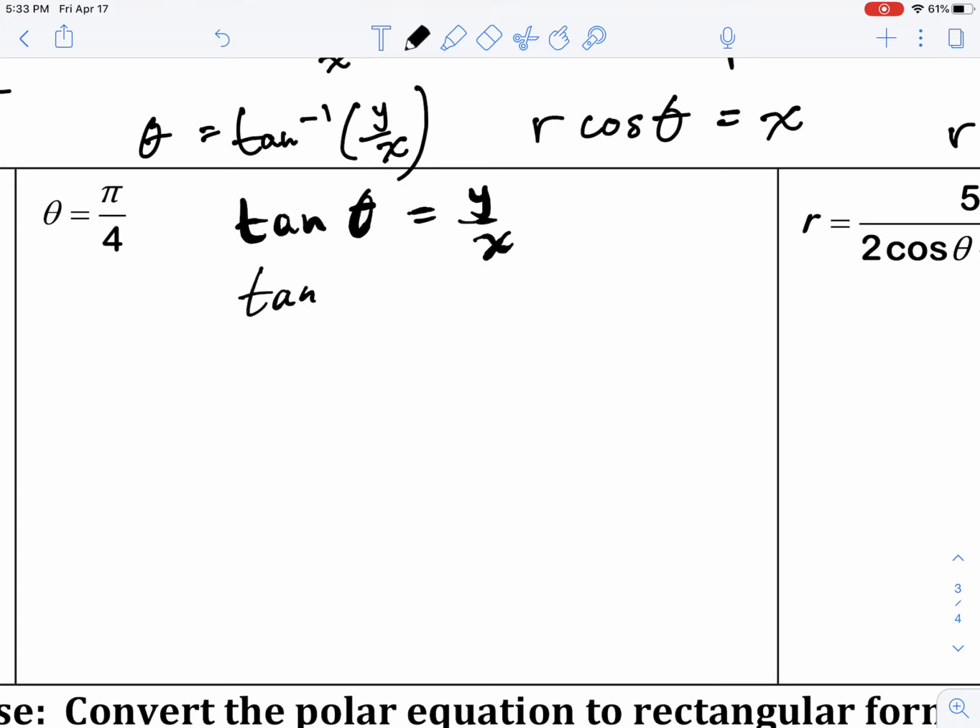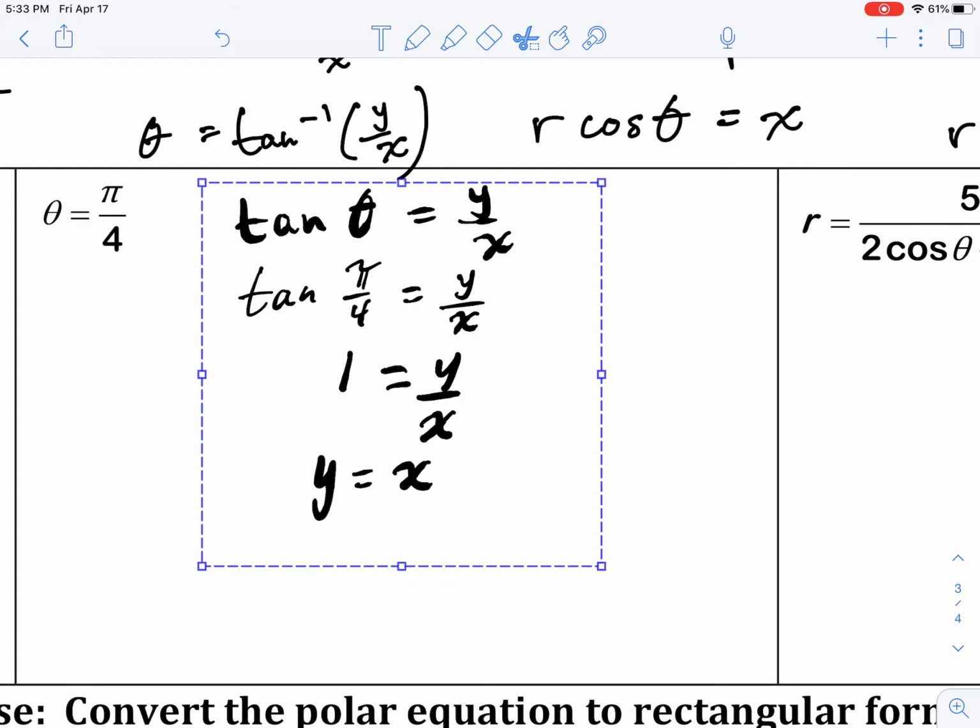That means tangent of, in this case, what is theta? What's given to us? Theta is equal to pi over 4, and that's equal to y over x. Well, we know what tangent of pi over 4 is. That's simply 1. So we can say y is simply equal to x.